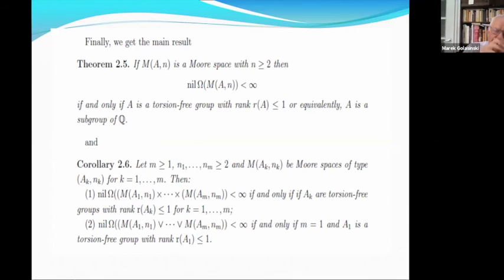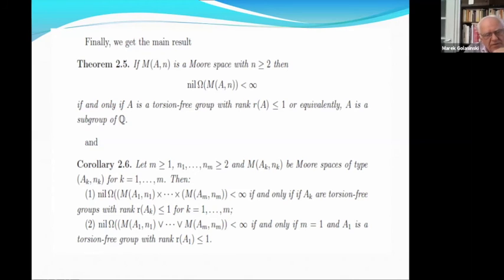But also we have a result on the nilpotency class of a wedge of Moore spaces, and of course the loop of wedge spaces. We claim that the nilpotency class of this space is finite if and only if m is 1 and this group A_1 is torsion-free with rank not greater than 1.